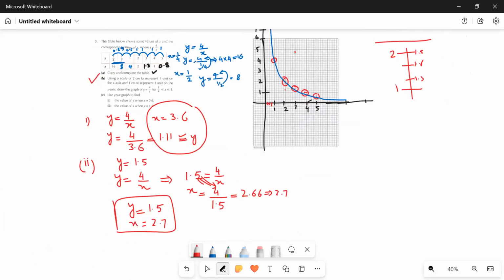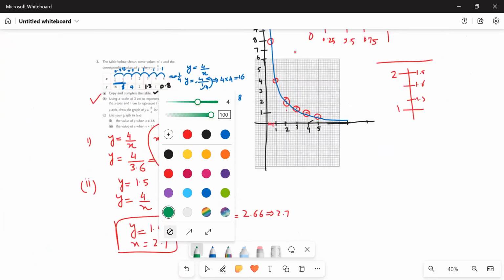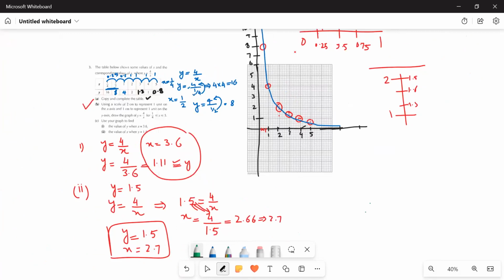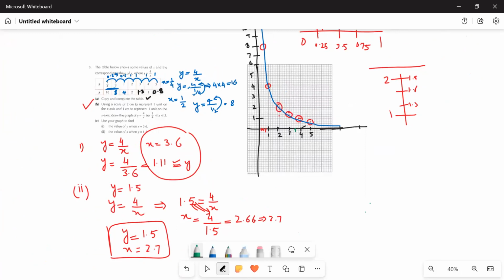Okay, now for 3.6, I am taking this color. x is 3.6, it is a little here, not in the middle, but a little here. It is not at the middle. 1 unit after 5. So 3.6.